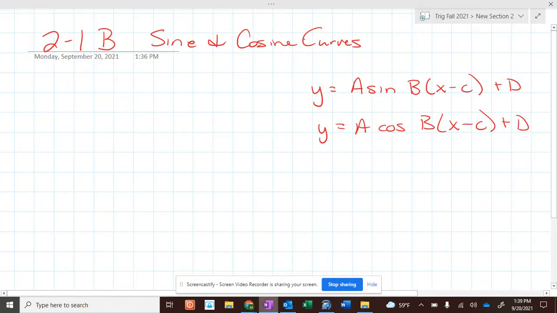Okay, sine and cosine curves are two equations: y equals a sine of b times (x minus c) plus d, and y equals a cosine of b times (x minus c) plus d, the same thing. A stands for amplitude, which is 1/2 the distance between the max and the min.